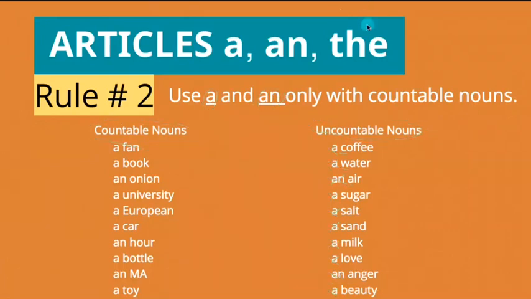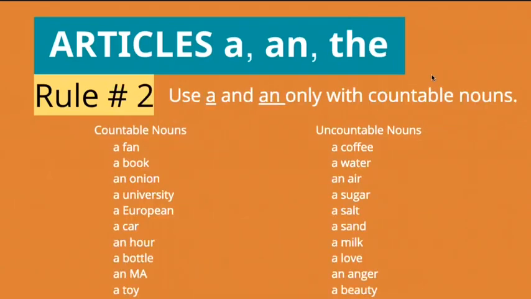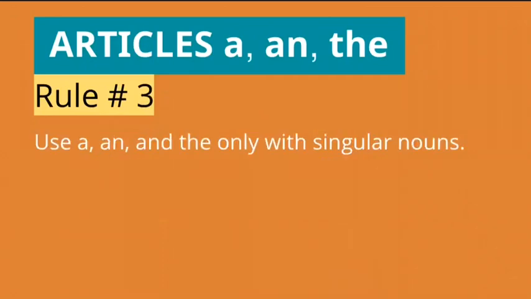Okay. Let's see if you have understood that part. Later we will have some activities or exercises for this one. Okay, so rule number 3: use a, an, and the only with singular nouns.